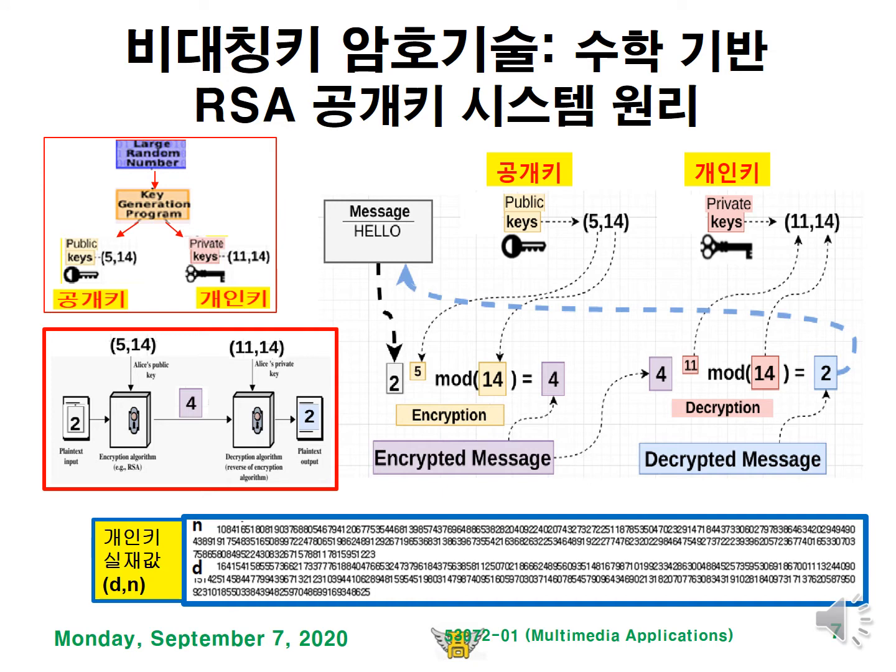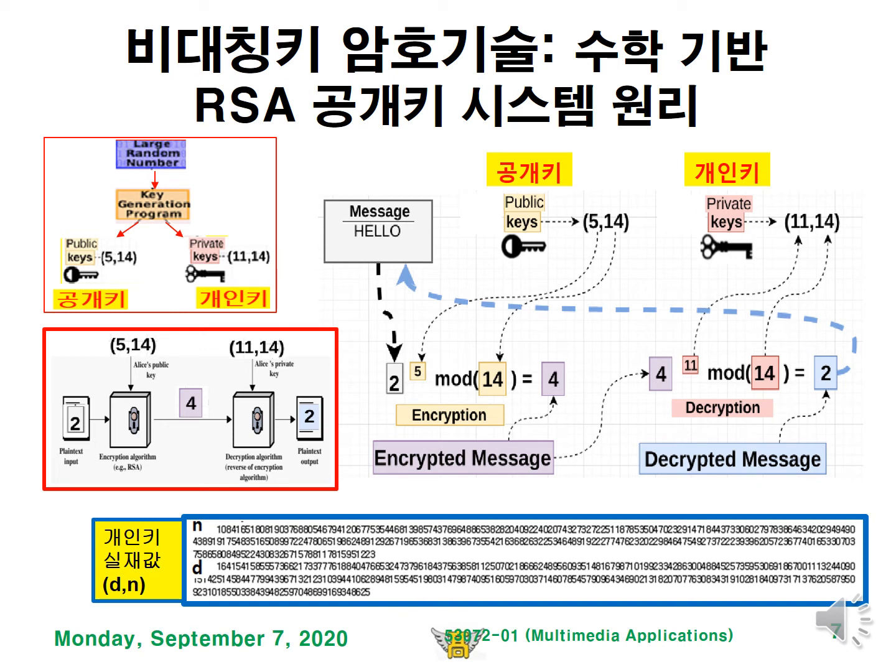The encryption algorithm, for example, message hello is represented by 2, then 2 to 5, mod 14, results in 4.